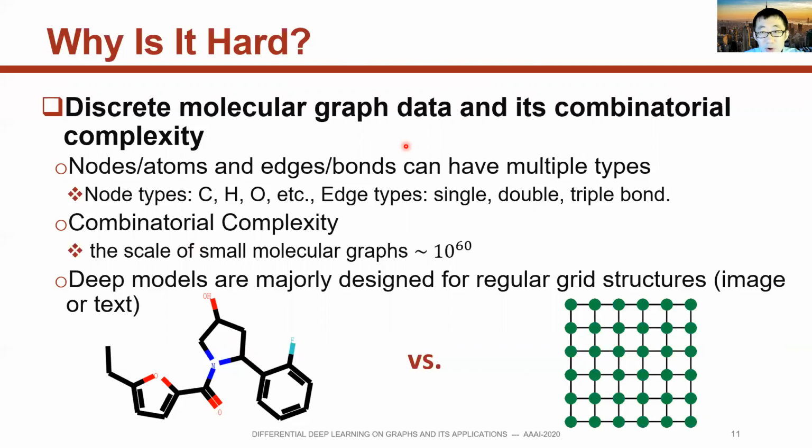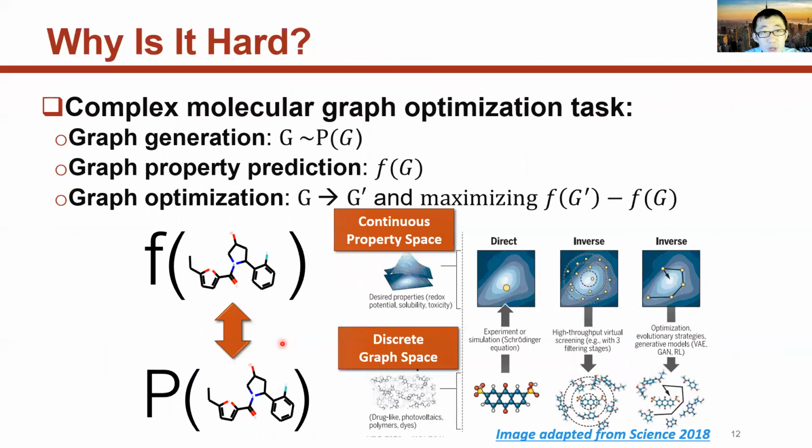The combinatorial complexity of the small molecule graph space is near 10^60. Besides, existing deep models are majorly designed for regular grid structures instead of graphs with multiple edges and multiple types of nodes.